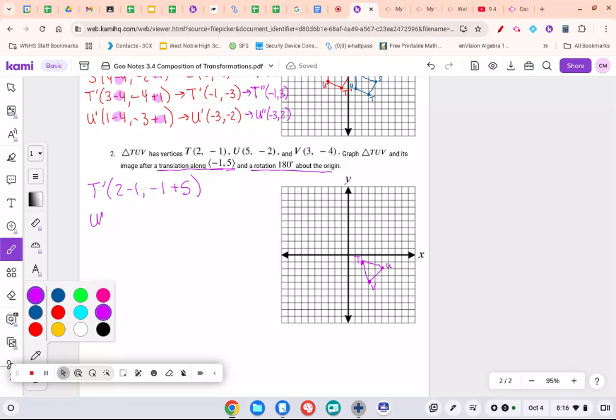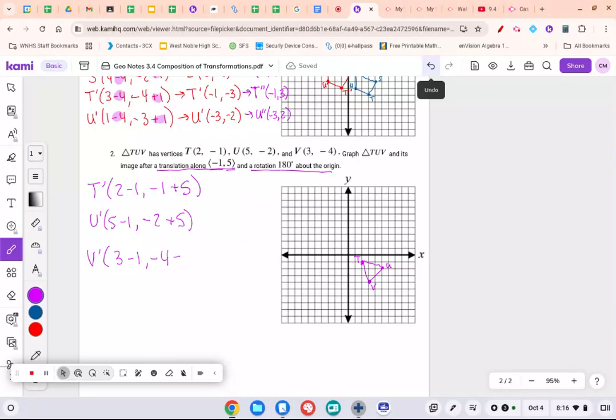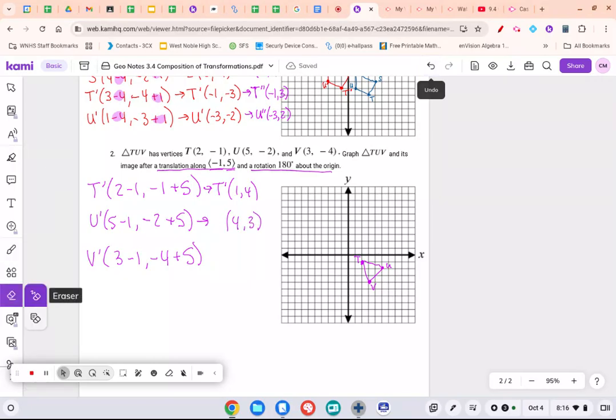U prime, 5 - 1, -2 + 5. V prime, 3 - 1, -4 + 5. So we get 1, 4, 4, 3. Oops, that looks weird.